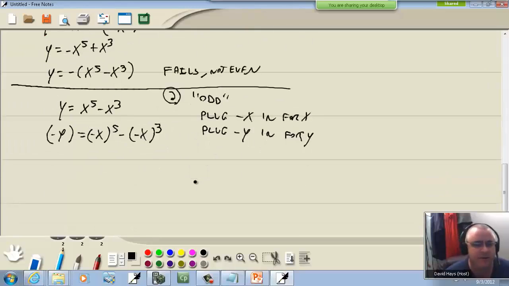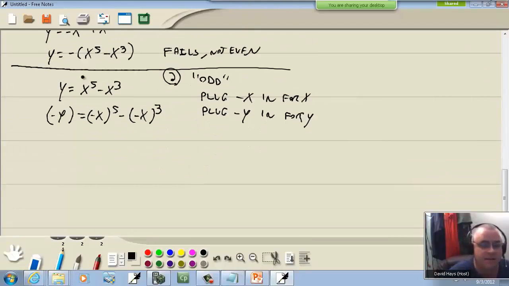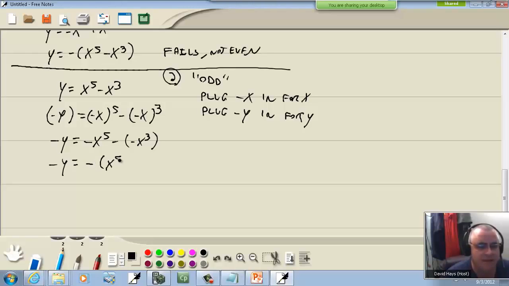And now we want to see if, by simplification, we can get it to look like the original function. Well, that's just negative y. We already said that's negative x to the fifth minus negative x to the third, same reasoning. Then I can factor a negative out, and that gives us x to the fifth minus x to the third. Then I'll divide both sides by negative 1.